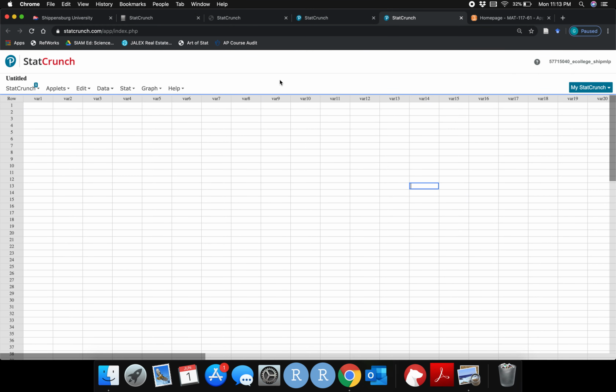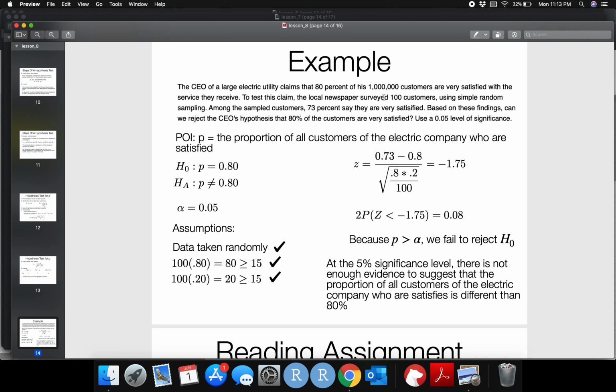So in his sample, how many were satisfied? He took a sample, or the newspaper took a sample of 100 customers, and they got that 73% of them are satisfied. Which means if I surveyed 100 people, 73% of 100 is 73. So the number of successes is 73.